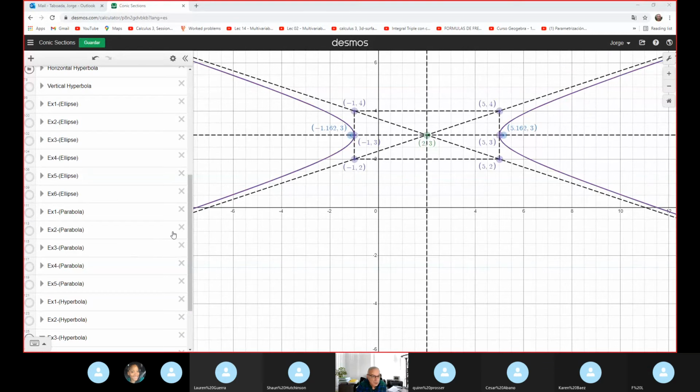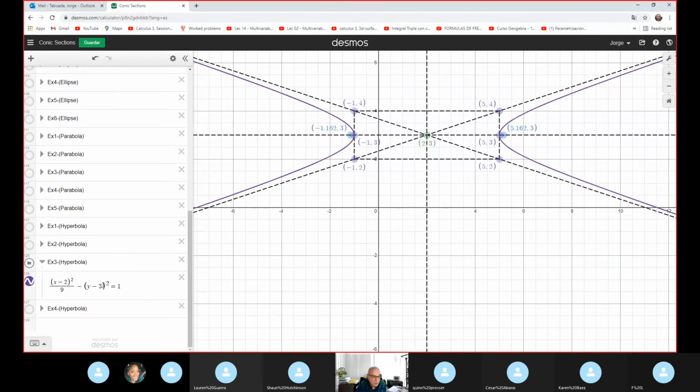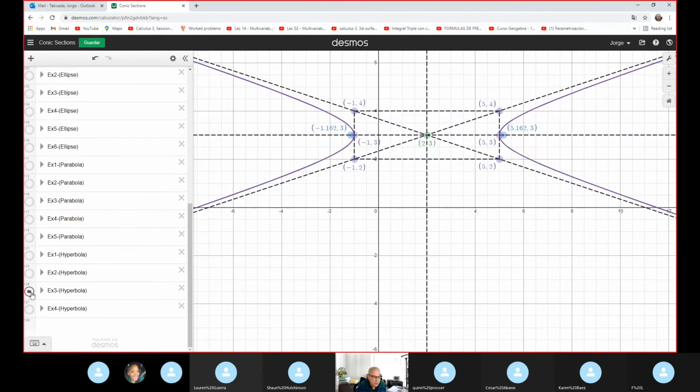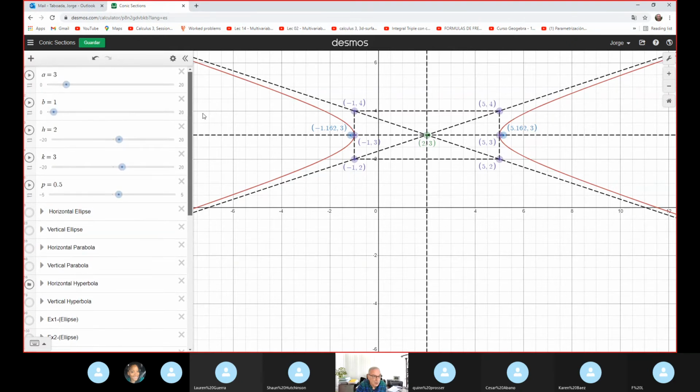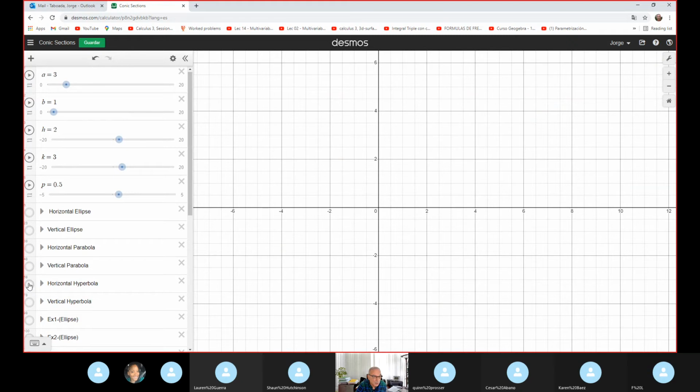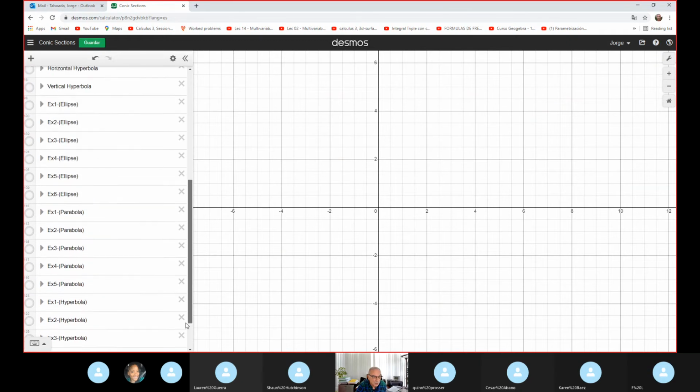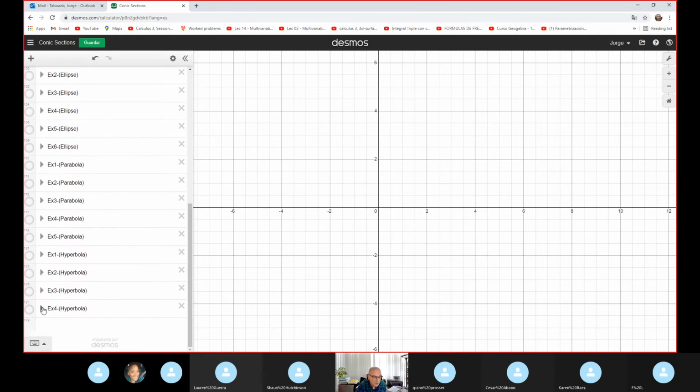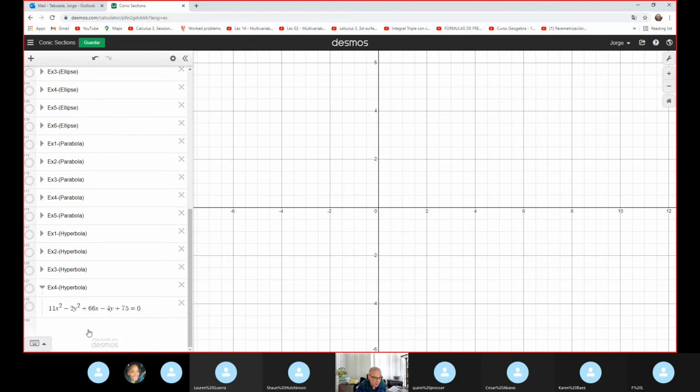Okay. Let me restore everything. It's the last example, example 4. Okay. Here, no anymore. Example 4 is I copy in the original way. Okay, let me check it. 11x squared minus 2y squared plus 66x minus 4y plus 75 equals 0. Okay.